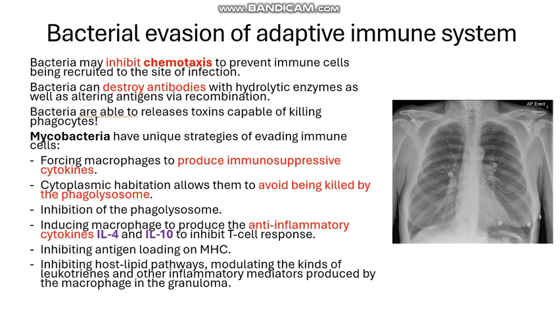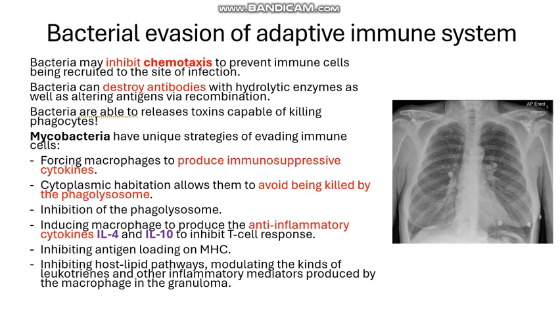They inhibit the phagolysosome, and they also induce production of interleukin-4 and interleukin-10 within the macrophage, which are anti-inflammatory cytokines, so we're not going to get the inflammatory response that is going to recruit other T cells and B cells from the lymphatic system to the site of infection, as well as other stuff like neutrophils and lymph that we need.